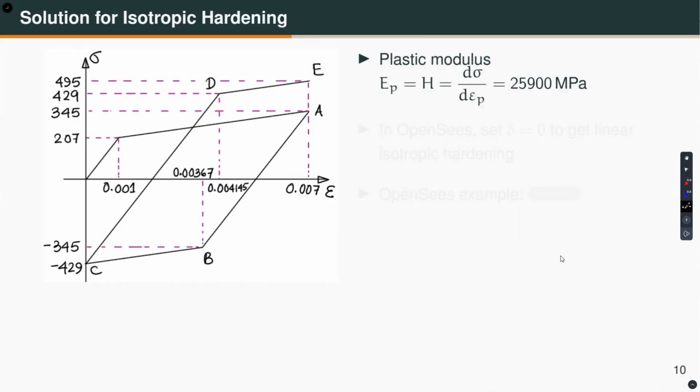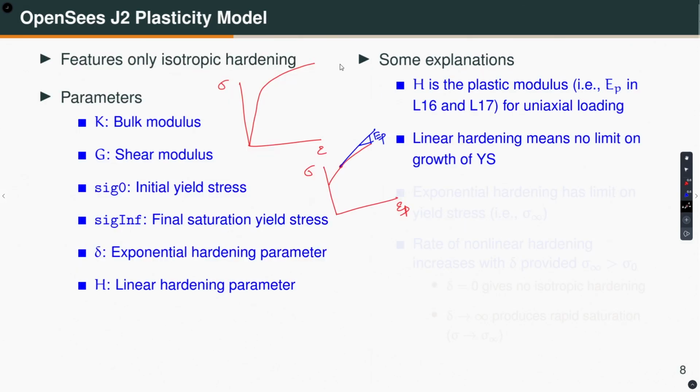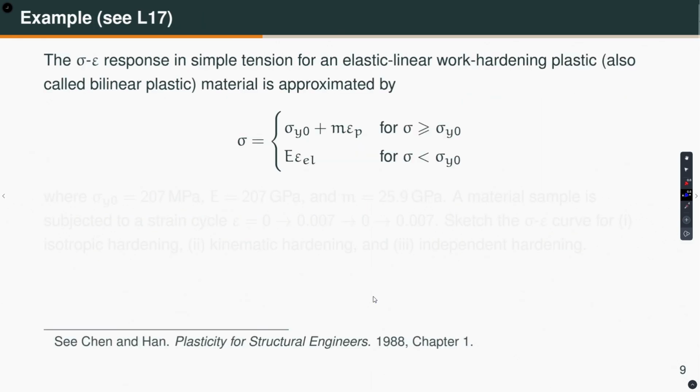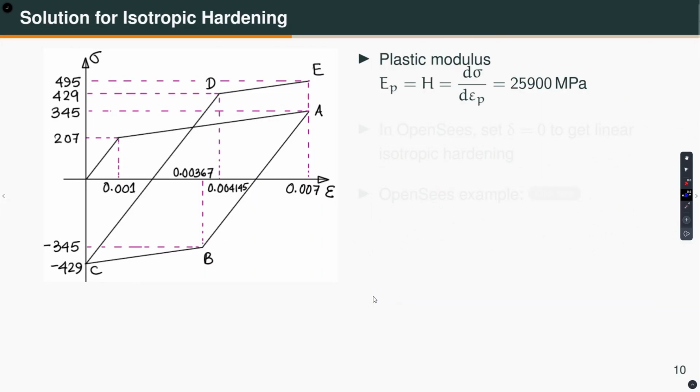So, what we did, first step is to determine the plastic modulus. What is the plastic modulus? Well, if this is my EP, then EP is nothing but del sigma del epsilon p, or for uniaxial I will simply write d sigma d epsilon p. So, if I differentiate the sigma expression with epsilon p, this is what I get, which is nothing but my m.